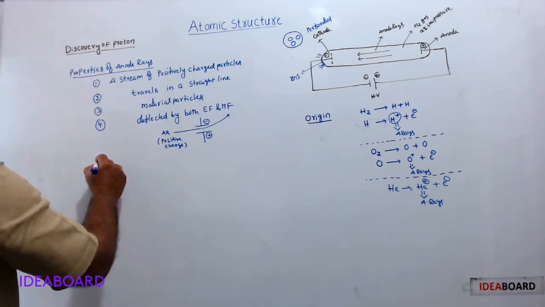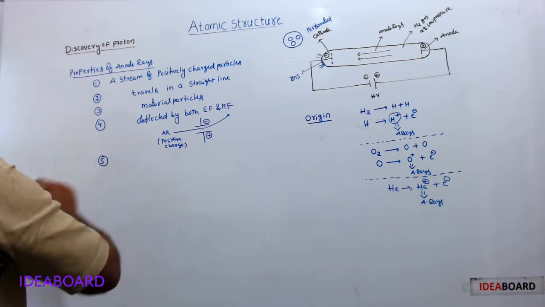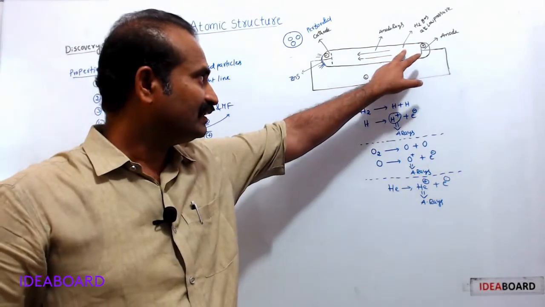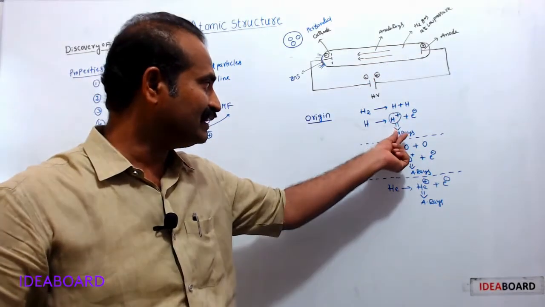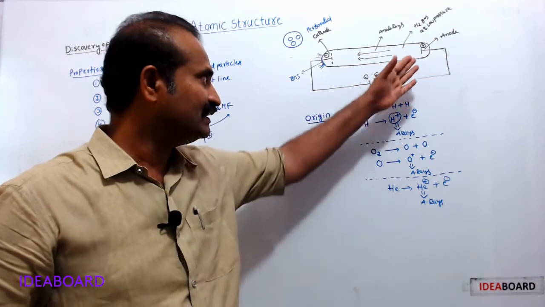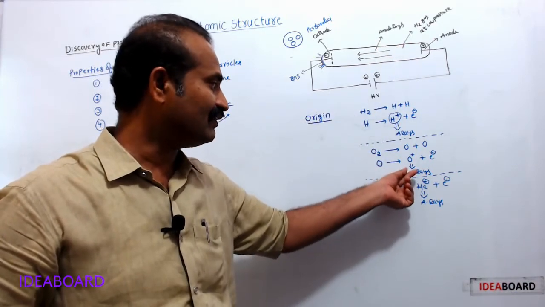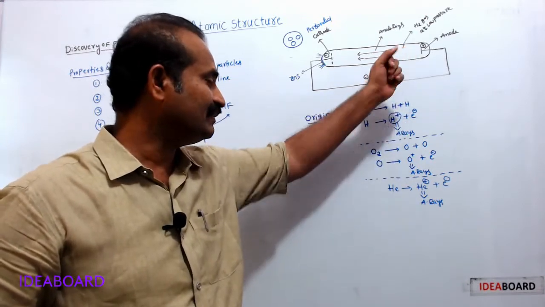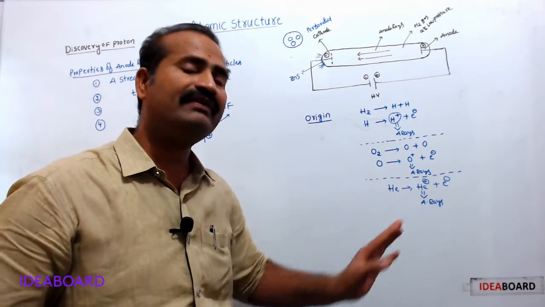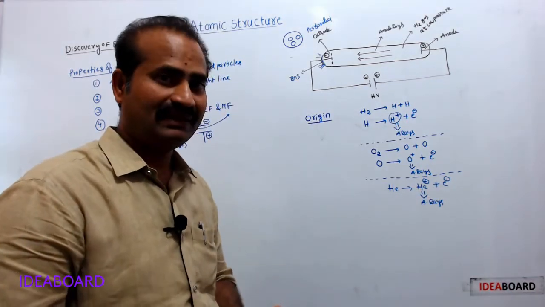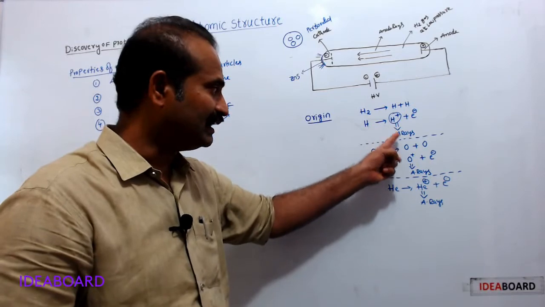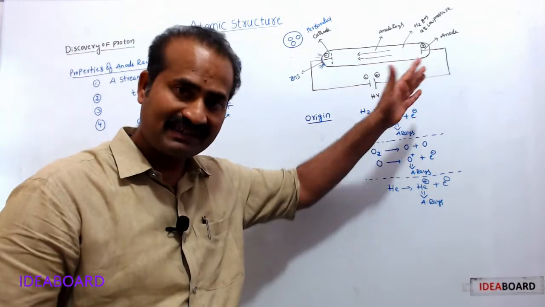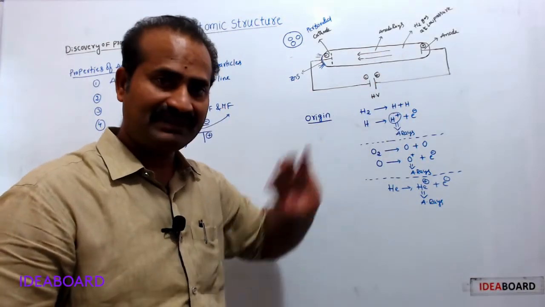Now, the fifth one. If we take hydrogen gas, anode rays are a stream of H+ ions. If we take O2 gas, anode rays are a stream of oxygen ions, O+ ions. If we take helium gas, anode rays are a stream of He+ ions. So the nature of anode rays varies with the nature of the gas used in the discharge tube.